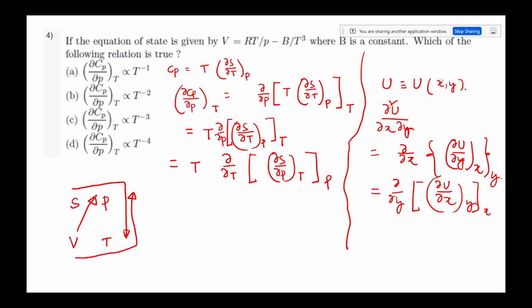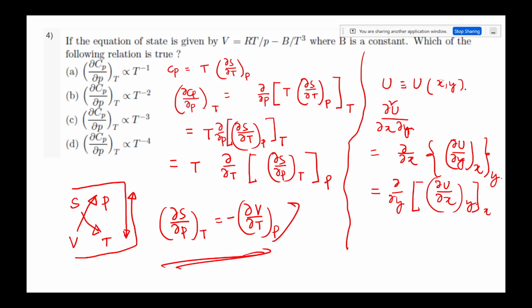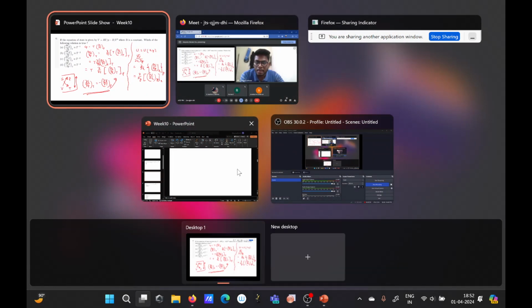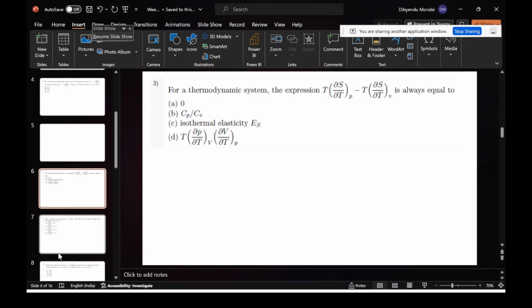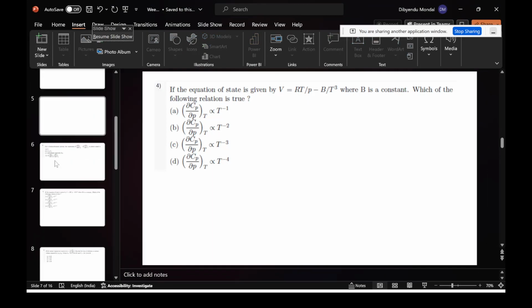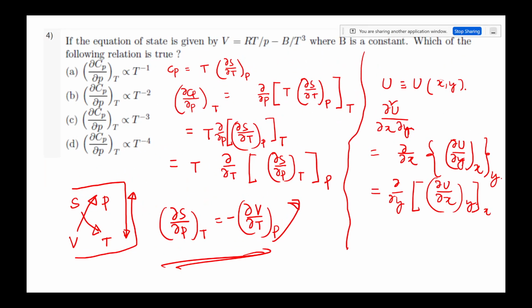So this is in this direction, this is in this direction, so there will be a negative sign. So del S del P at constant T will be minus del V del T at constant P. Now we will substitute this term into this equation.